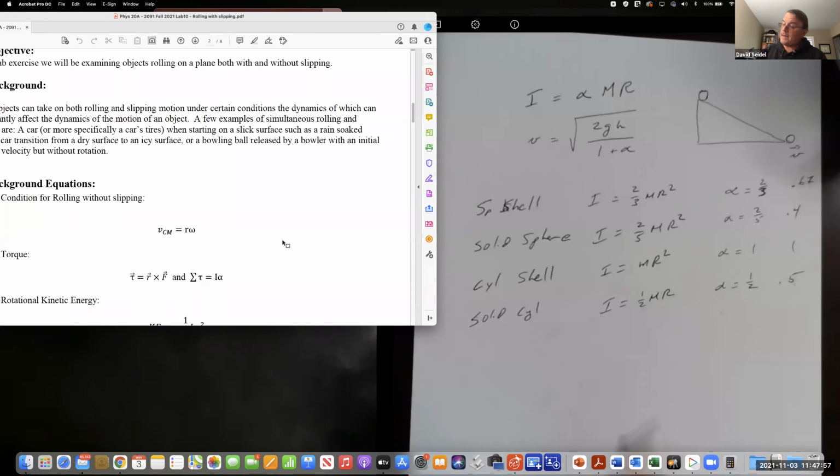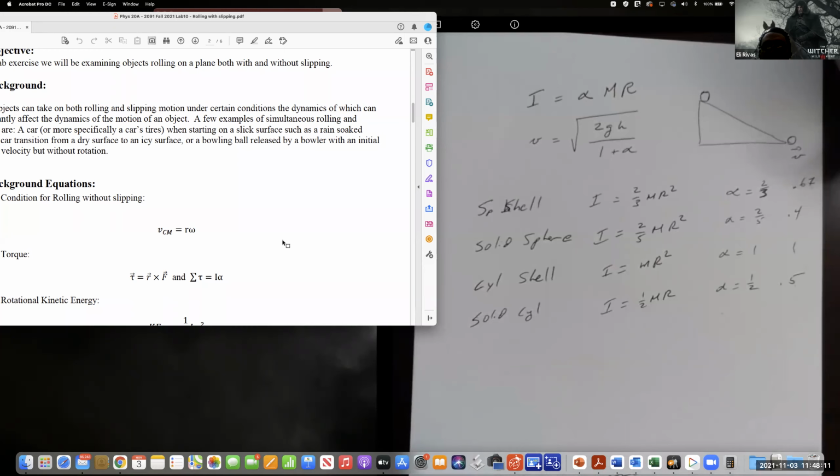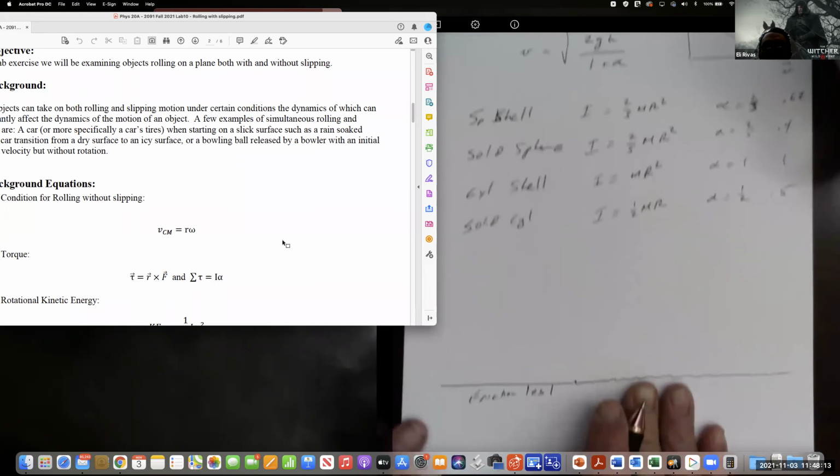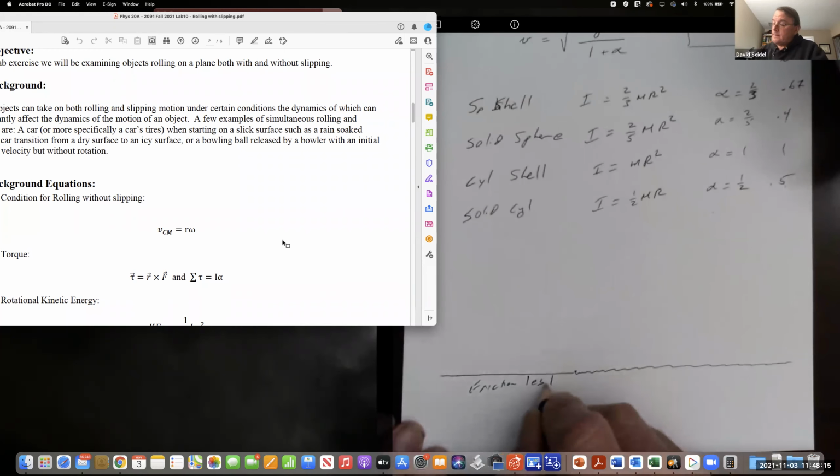Okay, imagine I take this area is going to be frictionless. That area is going to be frictionless. So all this is frictionless and this has friction.